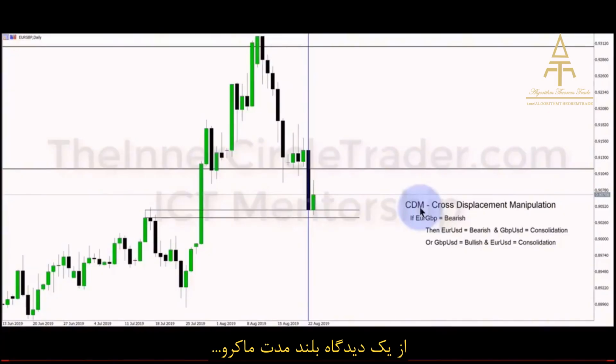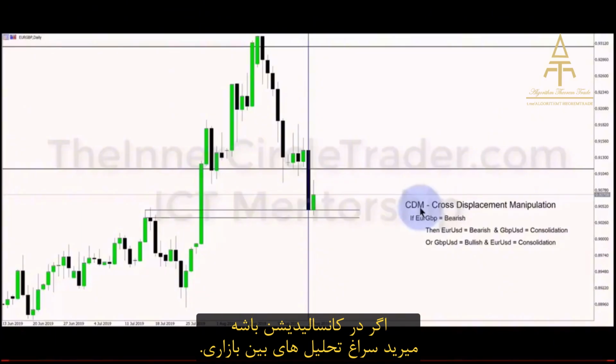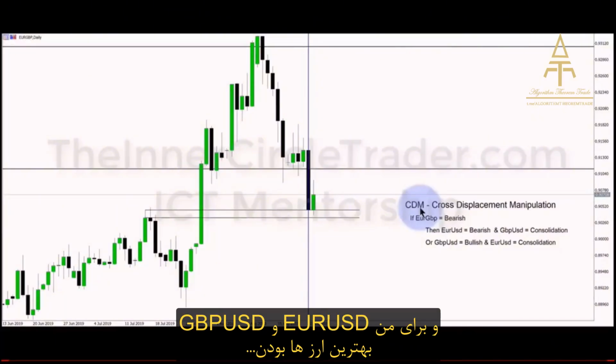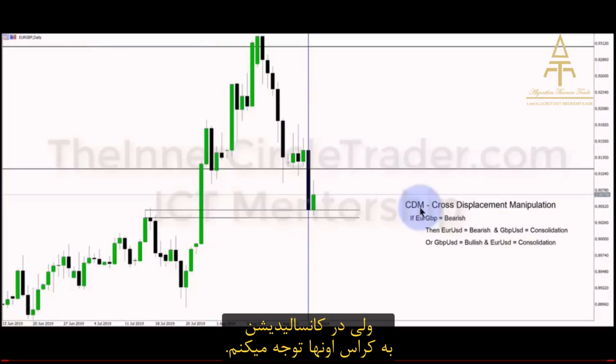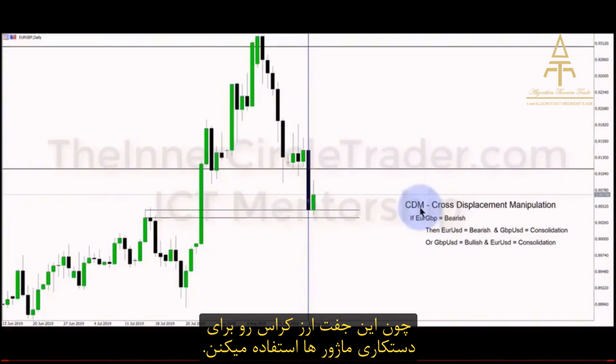You're going from one major macro view of the dollar index from a buy or sell program, or are we in consolidation? If it's in consolidation, then you just drop to an intermarket relationship. And for me, since I trade predominantly the euro dollar and cable, then I'm going to be looking at this particular cross because this is the pair that they use to manipulate the majors.